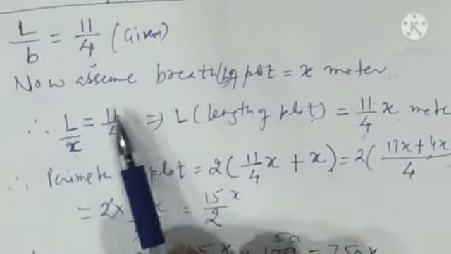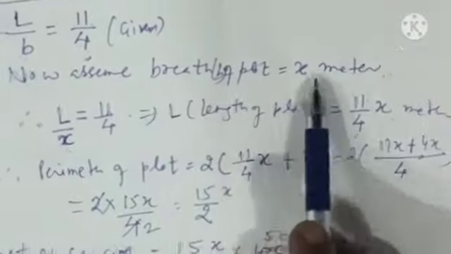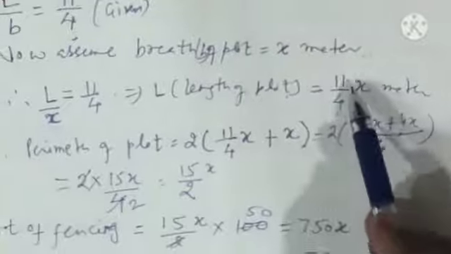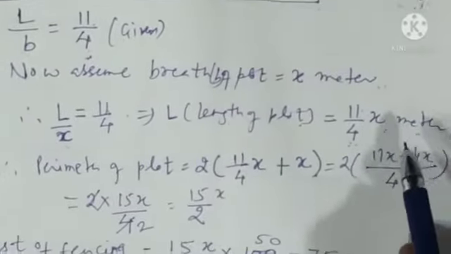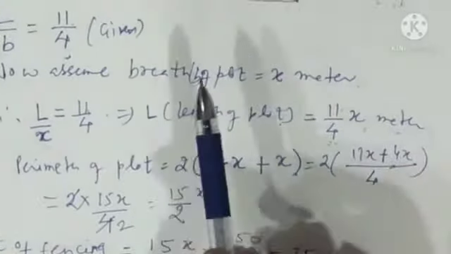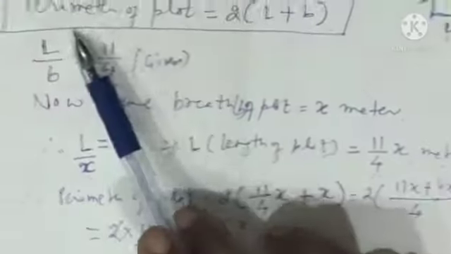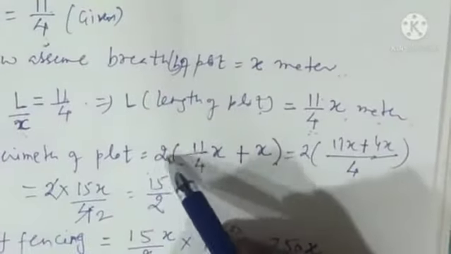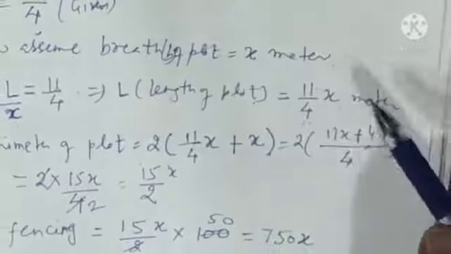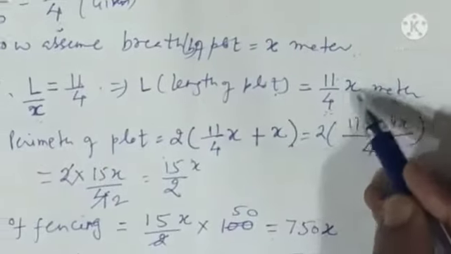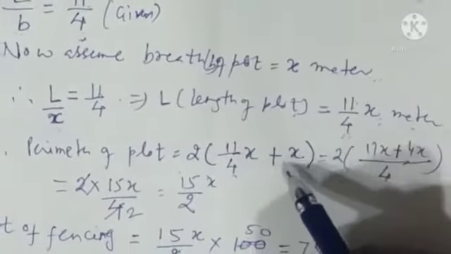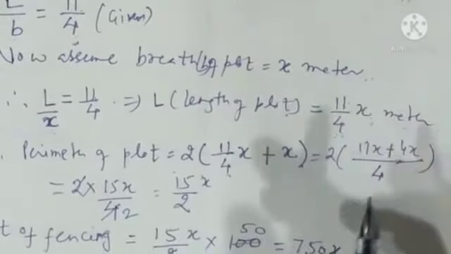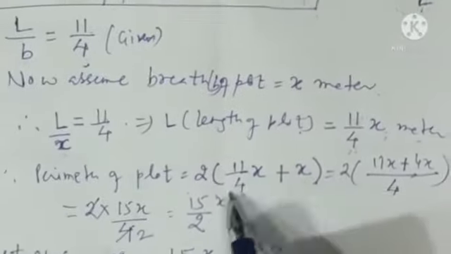Then we know that the breadth is equal to x meter and the length is equal to 11/4 x meter. Now we put the value of the length and width in the perimeter of the plot. So the perimeter of the plot becomes twice of, in place of L we write 11/4 into x, and in place of B we write x. Simply add these two values.